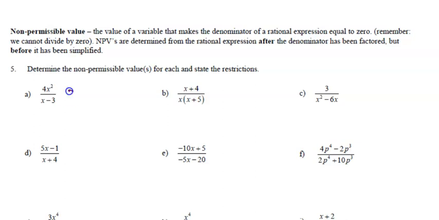If you want to get technical, you go X minus 3 is equal to 0, so X is equal to 3. Right? Just set the denominator to 0, solve for X. Now you want the restriction, X cannot be 3. Okay, so to get the non-permissible value, set the denominator equal to 0, and then figure out the values, and then write it as X cannot be.